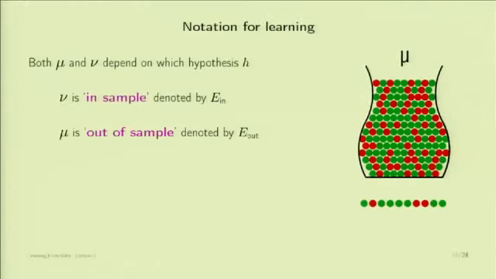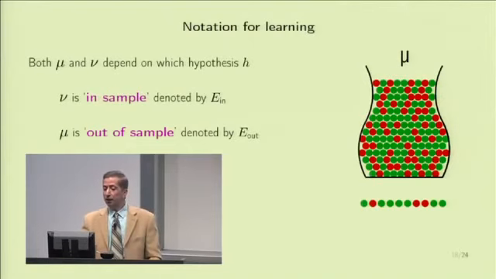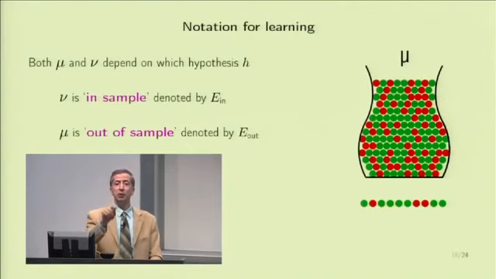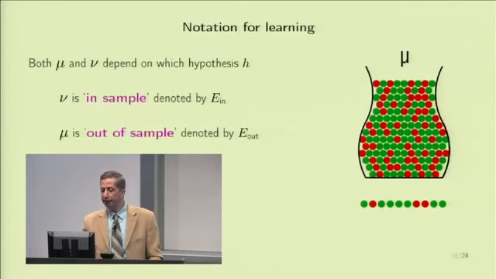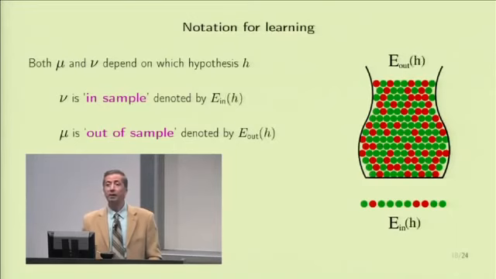Okay, so with this in mind, we realize that we don't yet have the dependency on h, which we need. So we are going to make the notation a little bit more elaborate by calling E_in and E_out, E_in of h and E_out of h. Why is that?